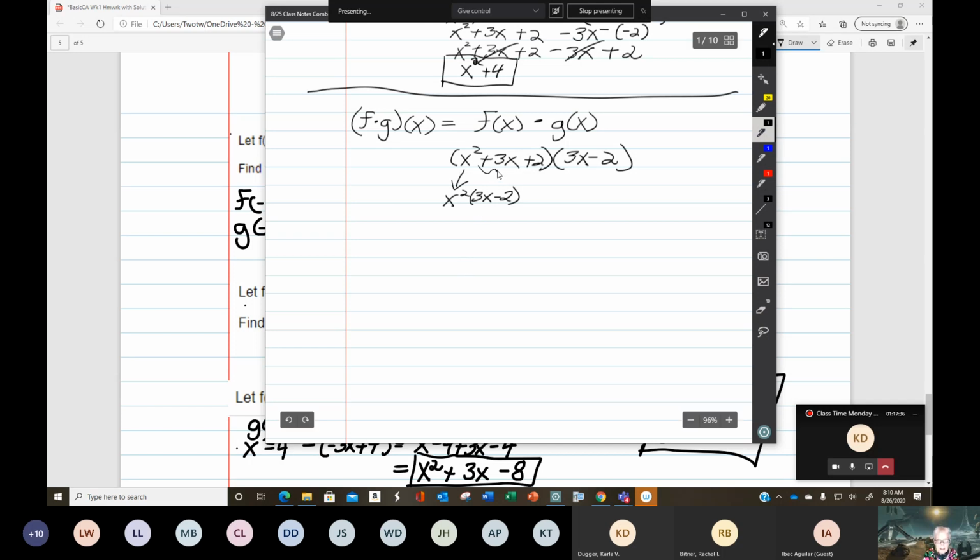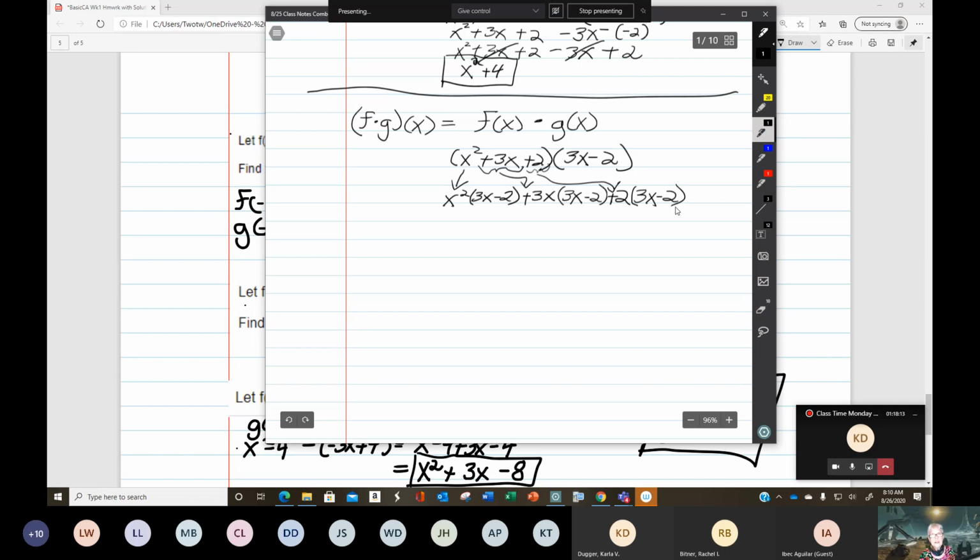Then you copy the second term, plus 3x, and you do the same thing. You're going to multiply it by 3x minus 2. And then you take the plus 2, and again you multiply it by 3x minus 2.